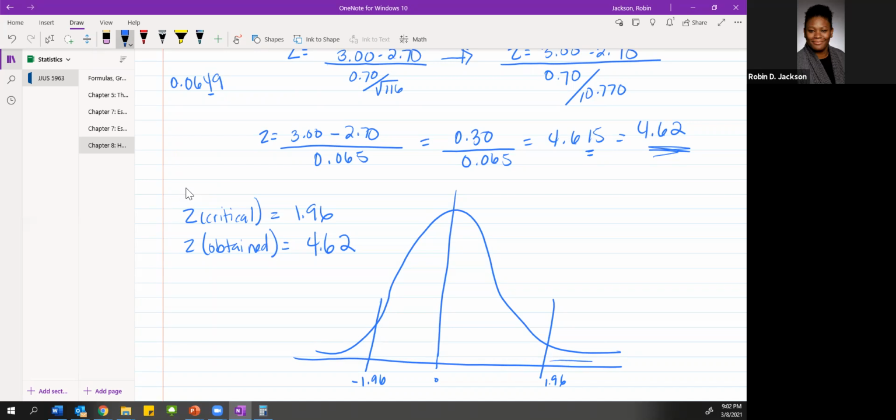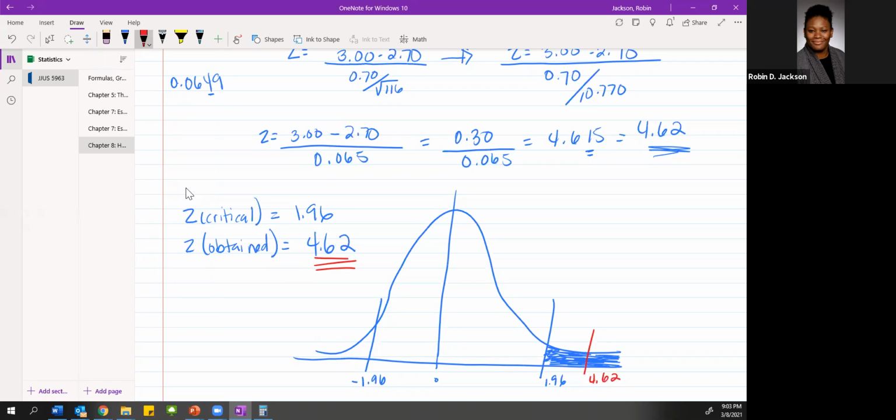So it falls over on this side. In order for our test to say, yeah, there's a difference, we want that number to fall here. All right, so let me do this in red. So this number, my Z obtained, is 4.62.